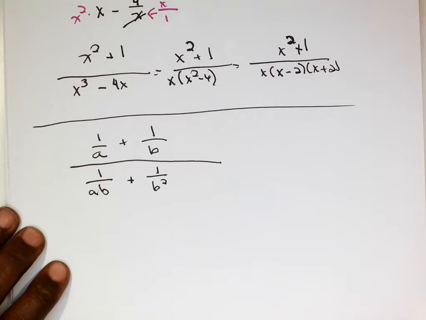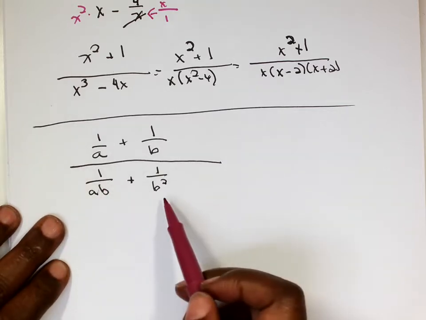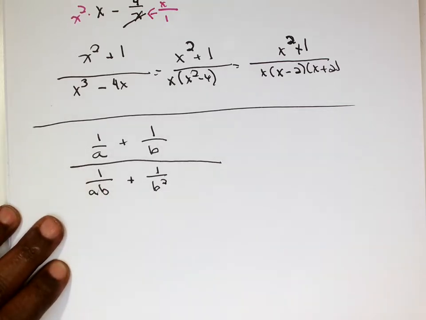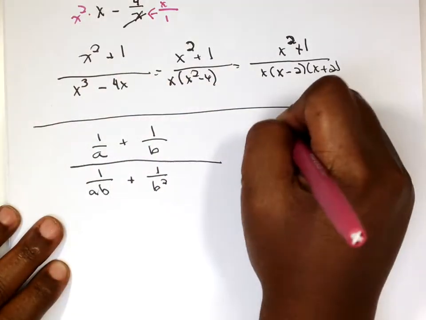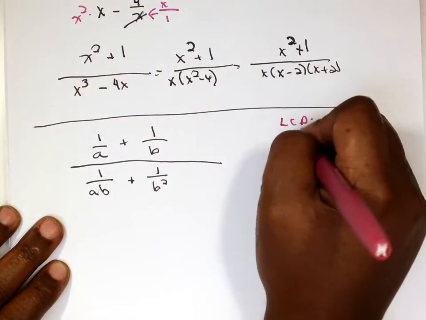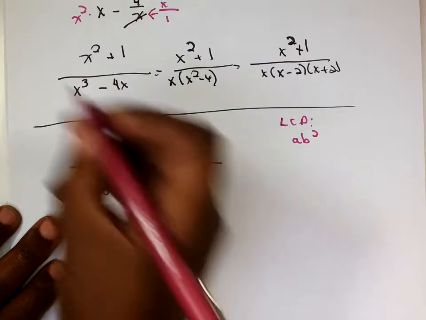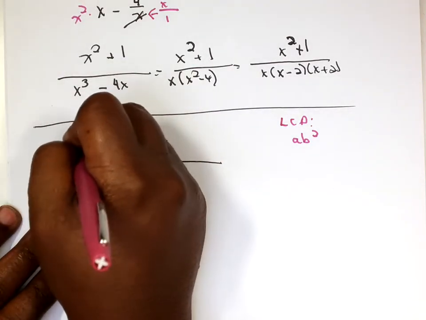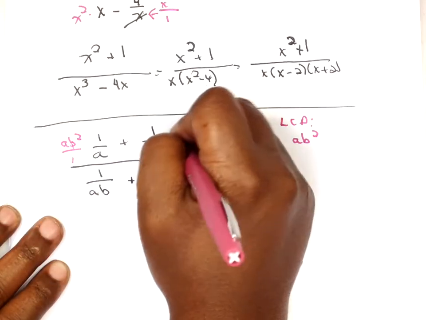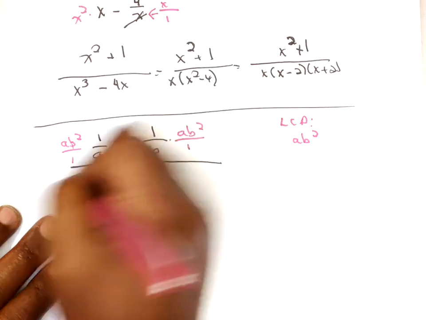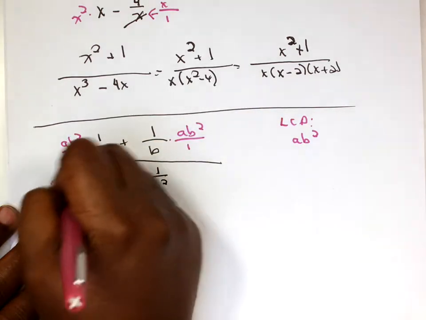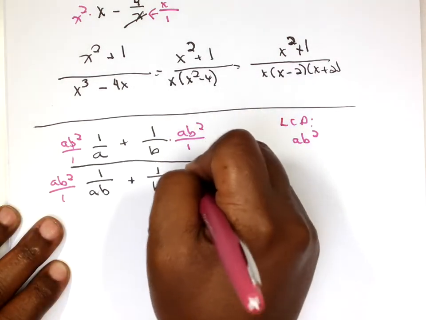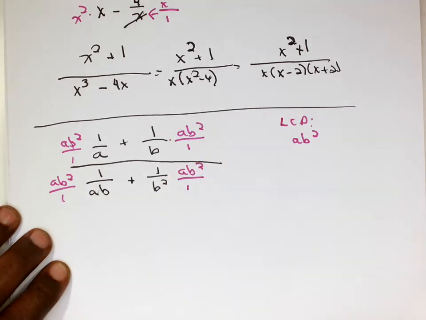So my LCD, I know I have to have an a, and I need a b squared because I need the bigger power. So my LCD is ab squared. So every one of these terms are going to have to be multiplied by the ab squared.